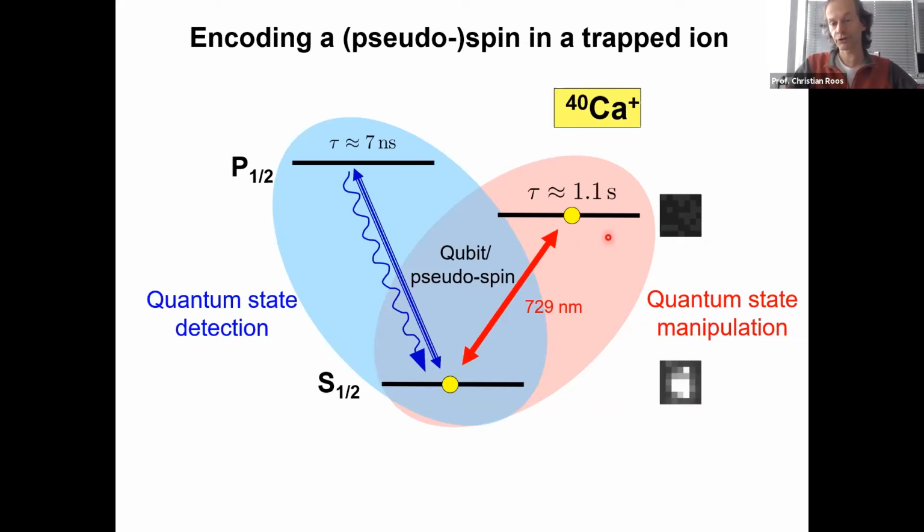Whereas if it is projected into the D state, it does not couple to this laser here, and we won't see any light recorded in the camera. So in the pseudo-spin language, if you associate the spin down state with the S1/2 electronic level and spin up state with the D5/2 level, then this measurement corresponds to a spin projection along the Z direction.